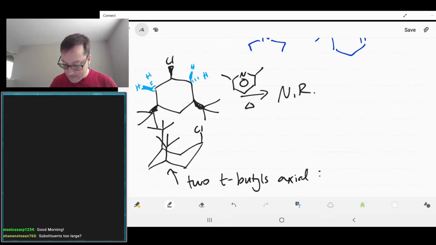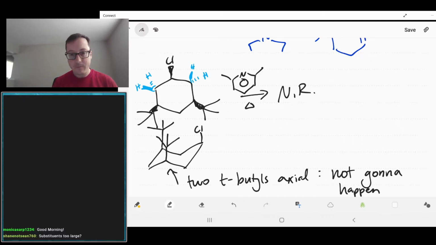So, not going to happen. So we saw that even methyl cyclohexane is like 95% equatorial methyl group. Putting a T-butyl on, let alone two, there's no way we're going to get those to be axial. And so we're not going to have a reaction there.